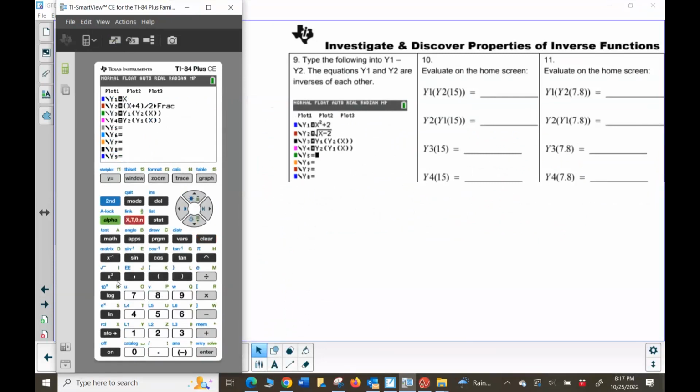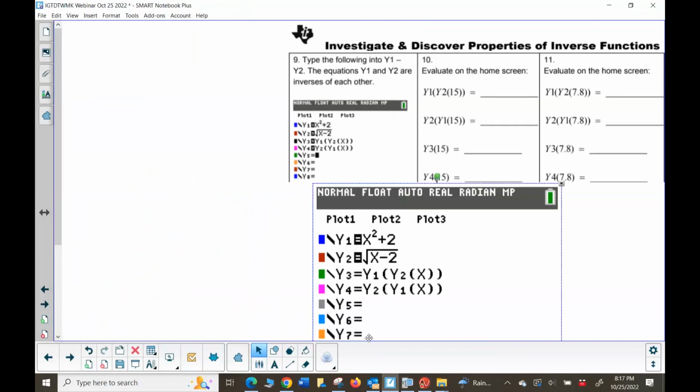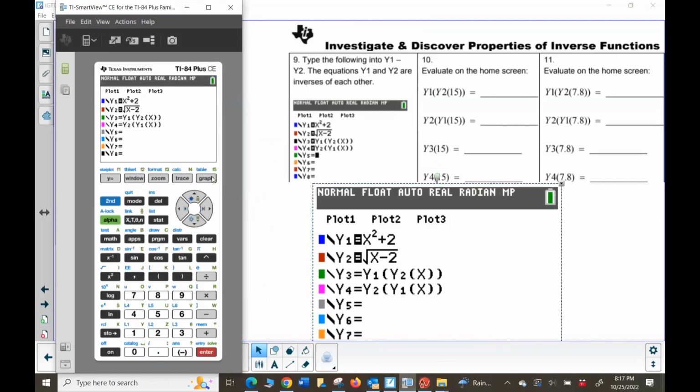X squared plus 2. And here I'm going to do the square root of the quantity x minus 2. And I'm going to turn off y3 and y4. So I don't want those to graph yet. Okay, and so let me go ahead and graph those.